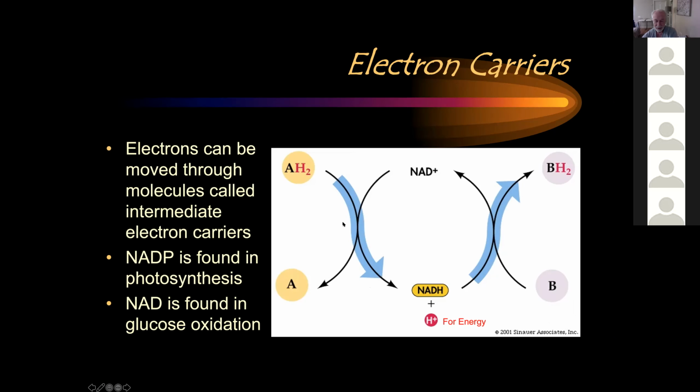So the basic phenomenon is that you start with a reduced molecule which hands off electrons to an oxidized one, and that one in turn hands off electrons. And a side benefit of that is extra protons.